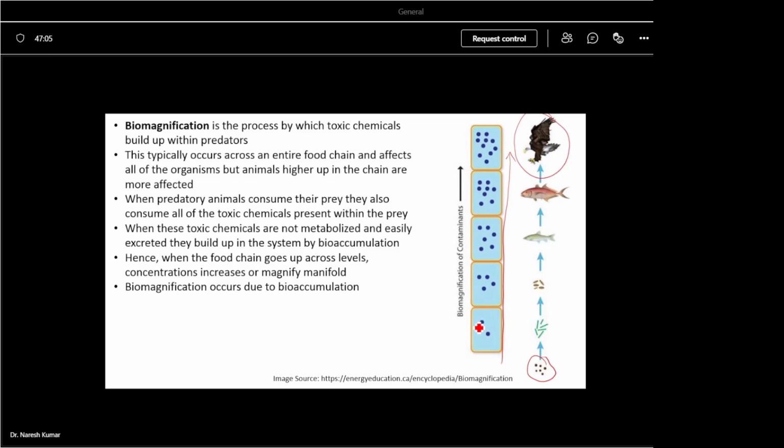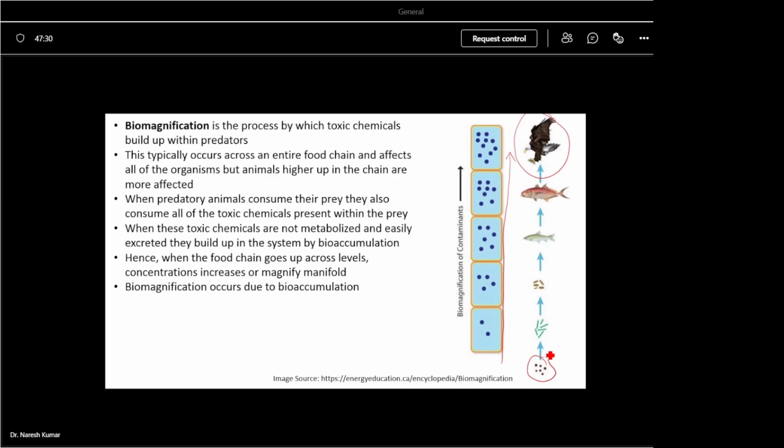And in the process, you see that the topmost organism in the trophic level will have the highest level of pollutants present in its biomass. This typically occurs across an entire food chain and affects all of the organisms. But animals at the higher order are most affected.